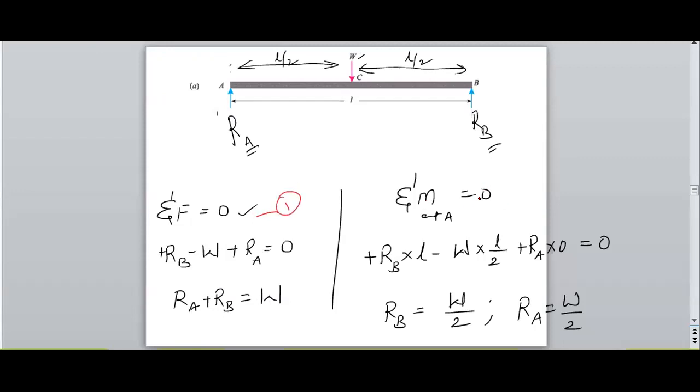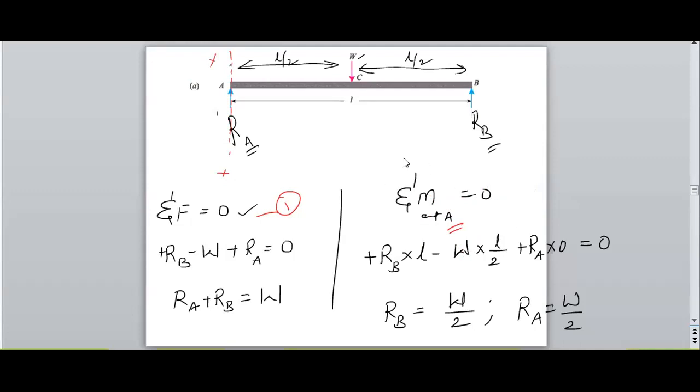The second equilibrium condition is that the bending moment at A is equal to 0. I consider the section at A and find the bending moments at A. The net bending moments, clockwise and anti-clockwise, need to be 0.